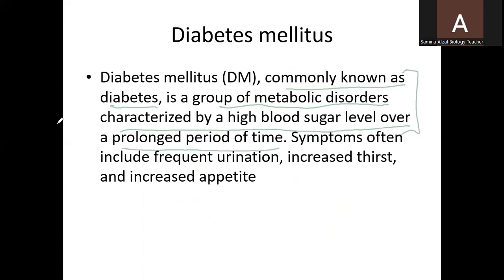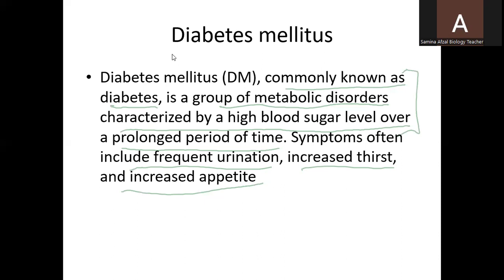The people are suffering from these diseases. Symptoms often include frequent urination, increased thirst, and increased appetite. So these are the symptoms with the help of which we can detect that the person is suffering with diabetes mellitus.